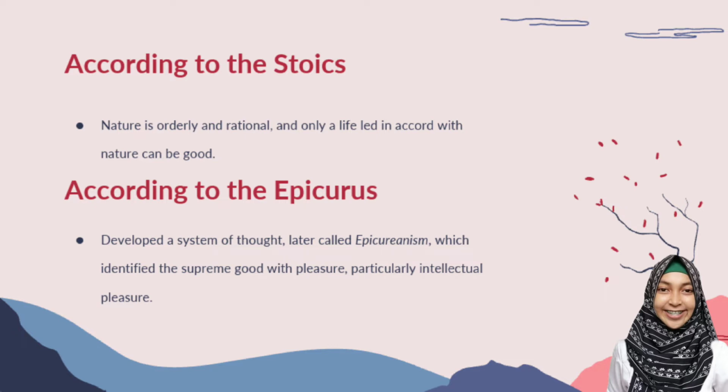According to the Stoics, nature is orderly and rational, and only a life led in accord with nature can be good. The Stoic philosophers agreed also that because life is influenced by material conditions, one should try to be as independent of such circumstances as possible.